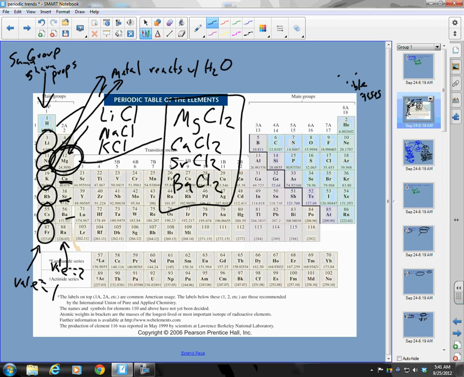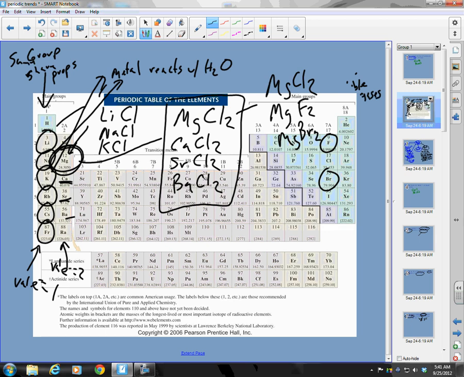I could also look at the other side and say, what else is going to act like chlorine? Well, everything in this column is going to act like chlorine. I have a 1 to 2 ratio between magnesium and chloride. What about magnesium and something else? Well, do you think magnesium and 2 fluorines, or magnesium and 2 bromines?